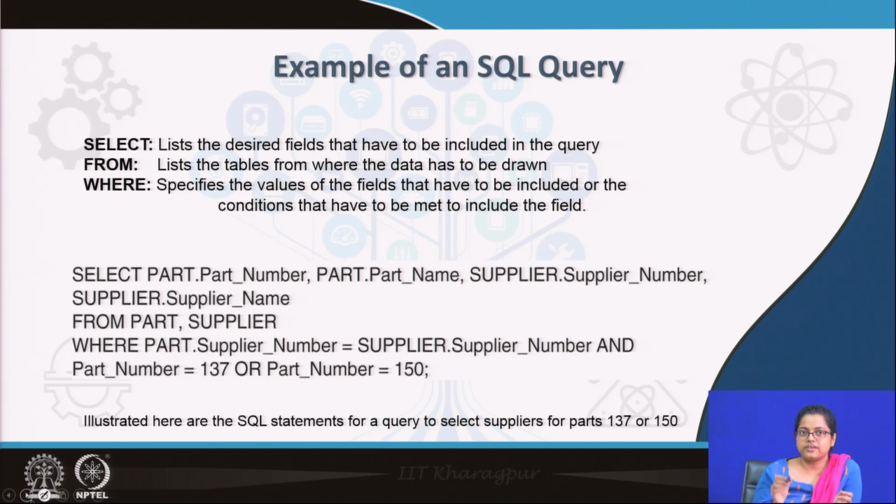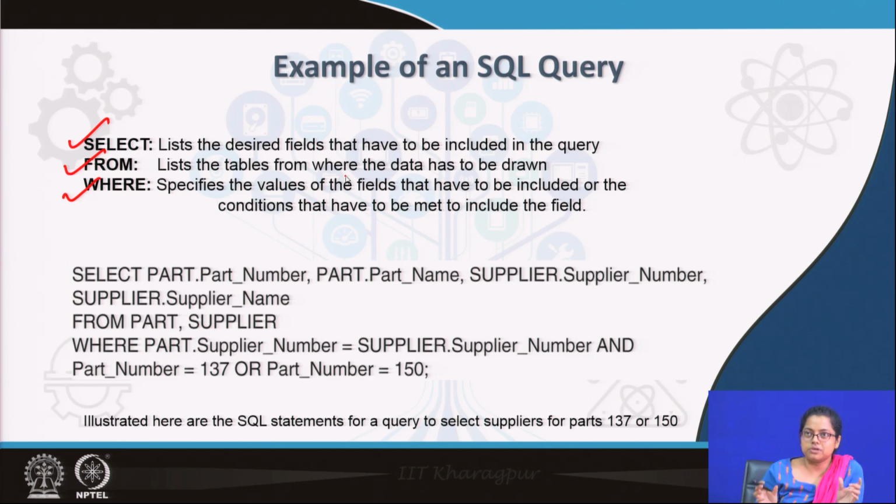So, an SQL query has three basic parts: the select, the from and the where. These are very important, so let us quickly understand what these mean. The select clause lists the desired fields that have to be included in the query, right. The from clause lists the tables from where the data has to be drawn.